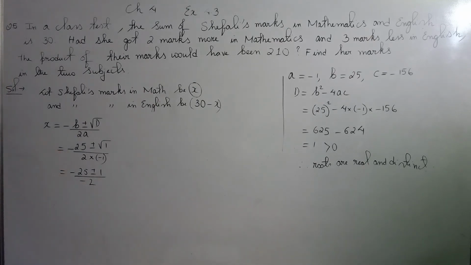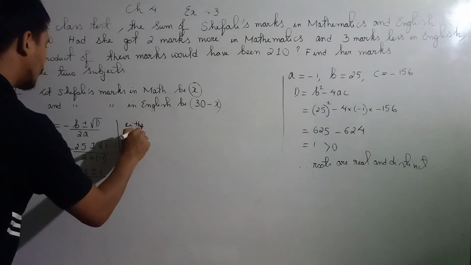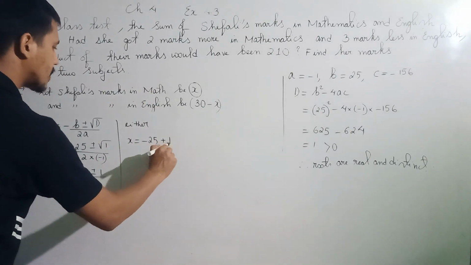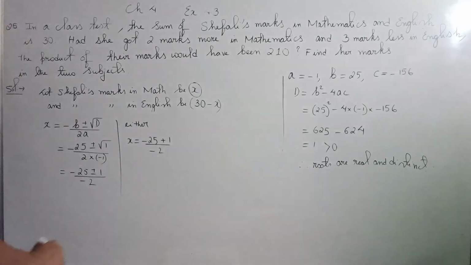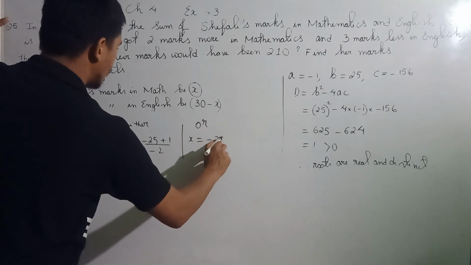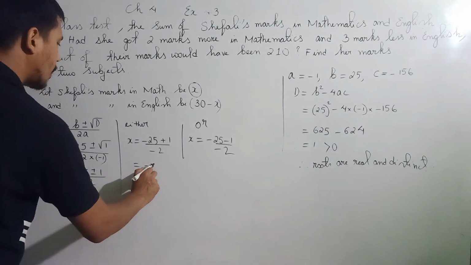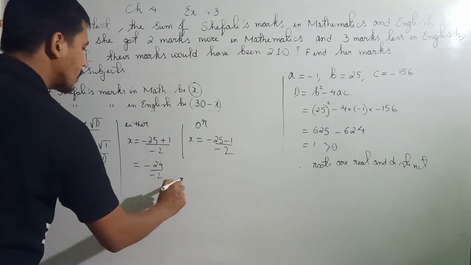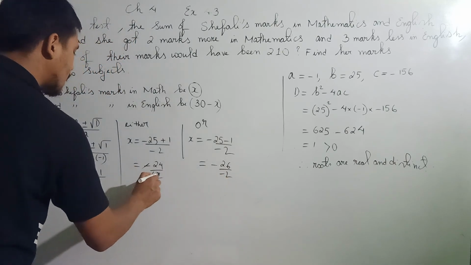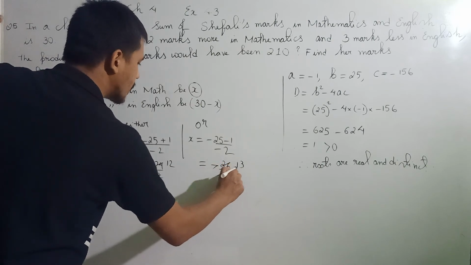So we can separate the terms. Either your x is minus 25 plus 1 upon minus 2, or your x is minus 25 minus 1 upon minus 2. Then in that case we have minus 24 upon minus 2, and here we have minus 26 upon minus 2. Minus minus cancels out, so x is 12, and here x would be 13.